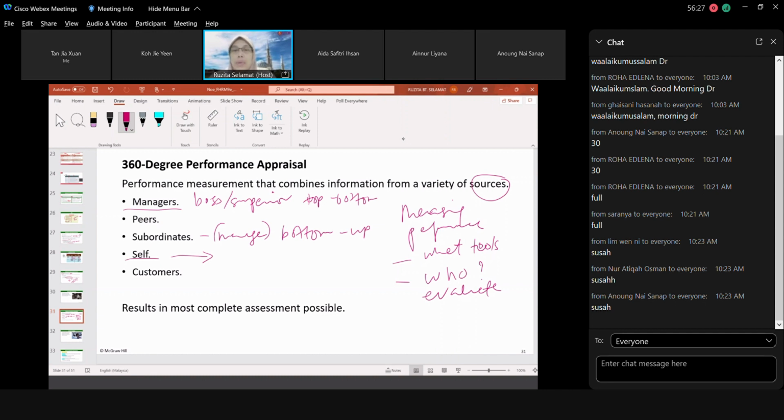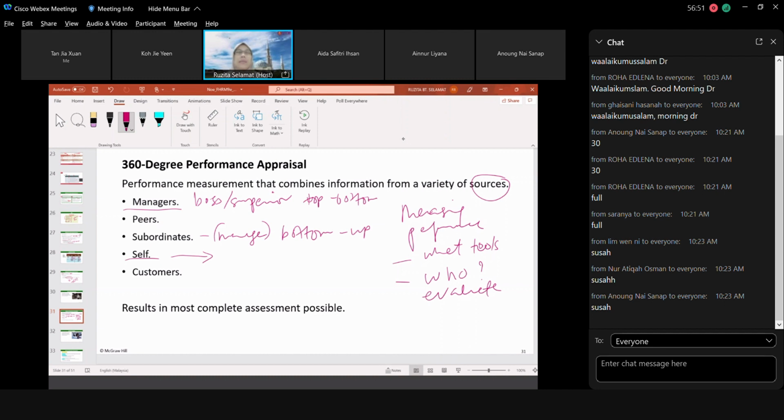Because kalau company rely on self appraisal untuk membuat keputusan berkaitan dengan kenaikan gaji, for example, ataupun decision regarding who will be promoted, habislah semua orang nanti akan menulis everything yang baik-baik sahaja tentang diri mereka, ataupun mereka akan exaggerate what they did for that particular year.